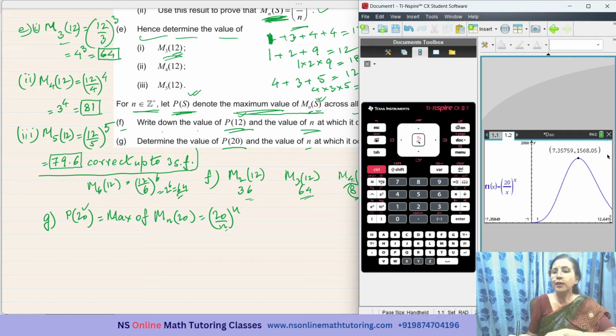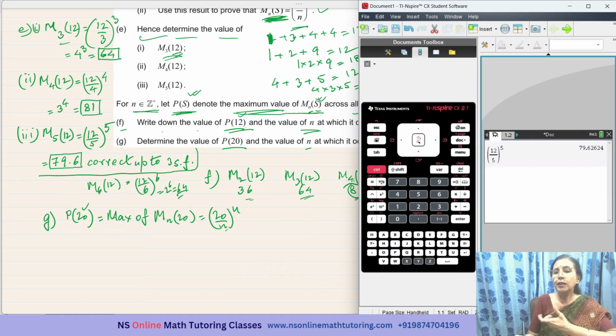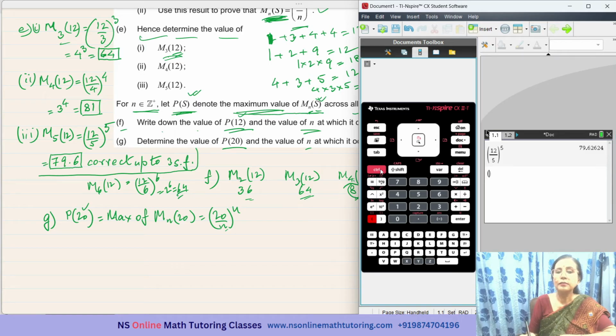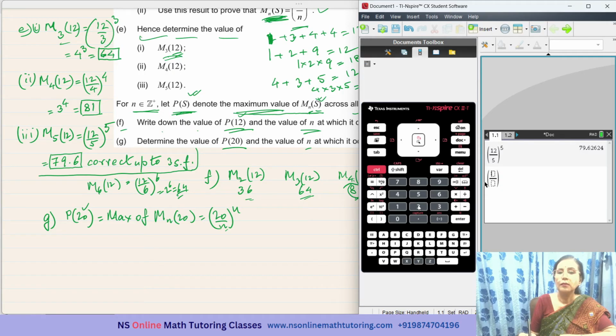So let me start with 6. You can use the graph trace or you can use the calculator. Let me show the calculator way first, and then I can go to the graph trace. So this one is 20 divided by 6 raised to the power of 6.